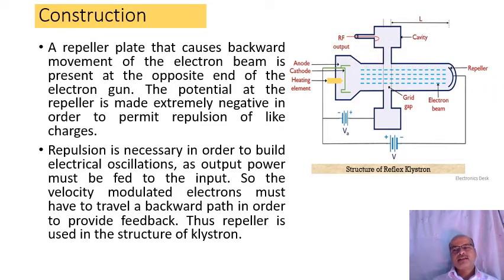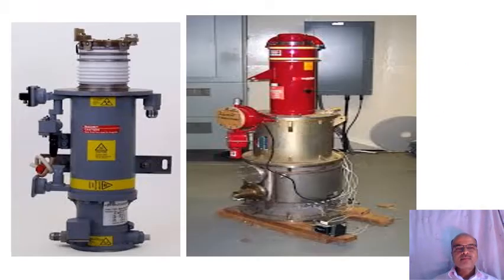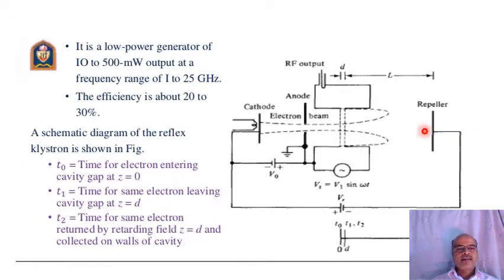So this is the main basic principle of this reflex klystron. This is the structure of the reflex klystron used in different labs or for radar purposes. A number of applications are there.